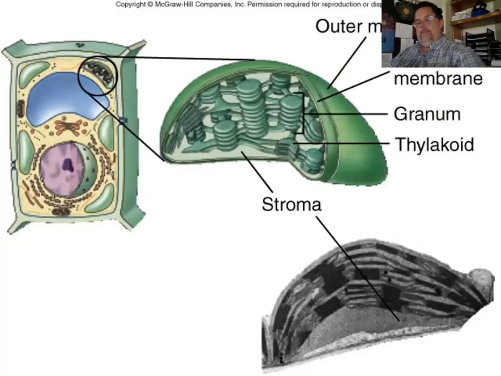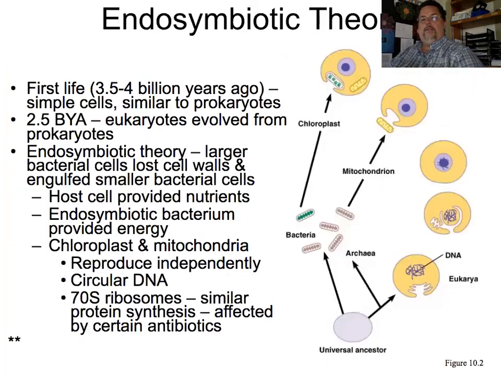Here's the inner and outer membranes and the thylakoids and all sorts of stuff. When we talked about the evolution of cells, we had these primitive cells before we had multicellular organisms like us. We had this idea called the endosymbiotic theory. The endosymbiotic theory is the idea that a big cell engulfed some type of organelle and made it its own.